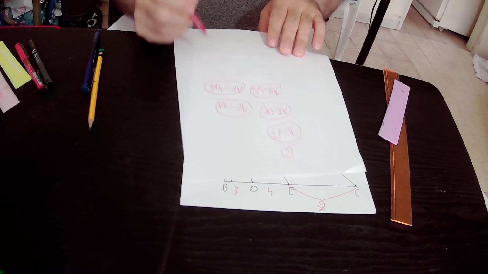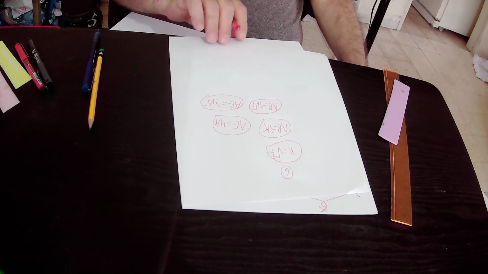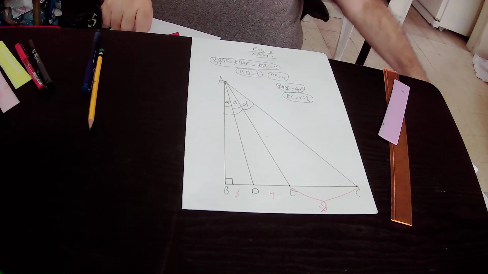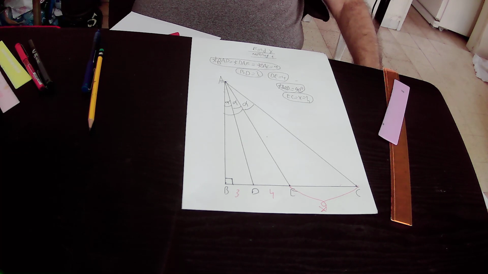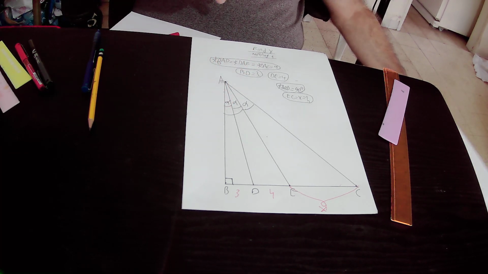So we found out the values of AB and AE, and in the next step we will focus on the right triangle, triangle ABC, the right big triangle, triangle ABC.